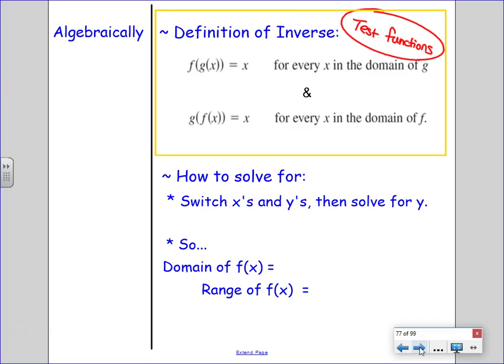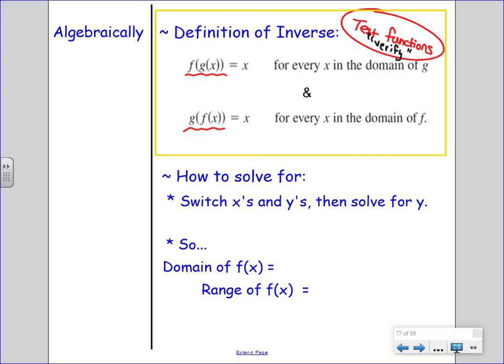In homework at certain places, it's going to say something to the effect of verify that two functions are inverses. If it says to verify, it's asking you to use this test. And maybe some of you are like, oh, that's why we had to do section 1.8 first. How do we test to see whether or not two functions are inverses? We find their compositions forwards and backwards: g into f and f into g.